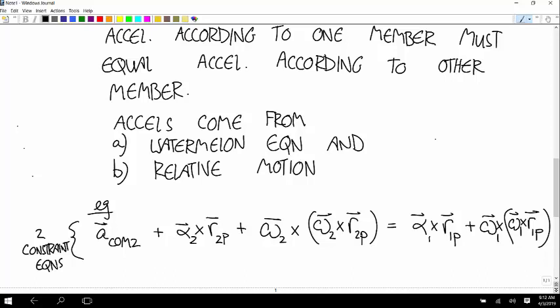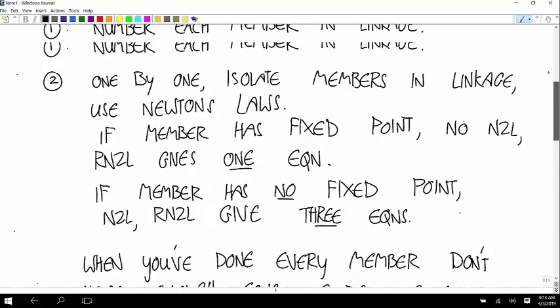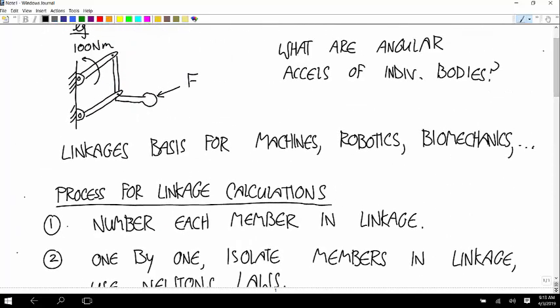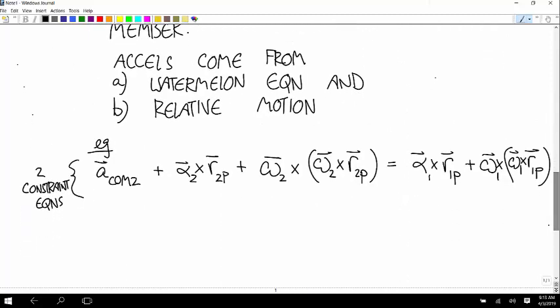And one more thing, we're going to go through a bunch of examples, but let's say that in this example, I'm doing the constraint for this joint here. I'm saying the acceleration of that point according to this member is equal to the acceleration of that point according to this member.